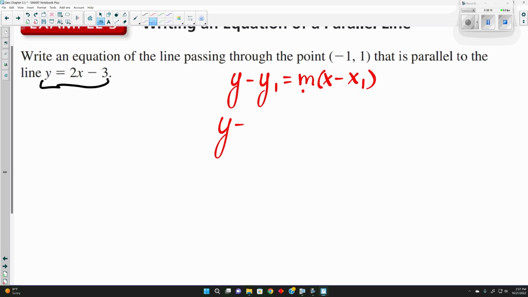Because the general form of a line is y equals mx plus b. So what's in the place of m? So the slope of this line is 2, and we want these lines to be parallel. So parallel lines have what? The same slope, yes? So our new line's m value is 2.